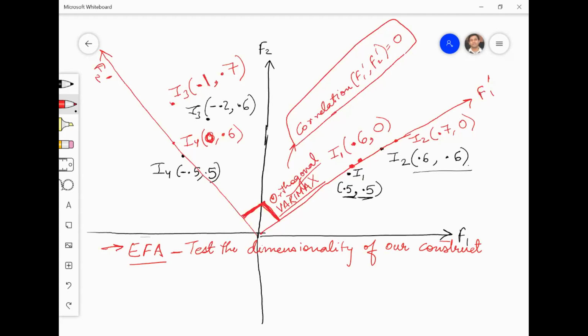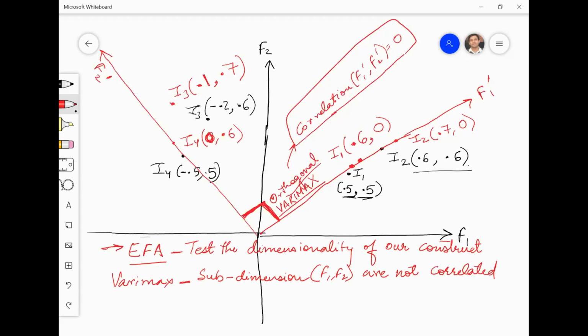So in order to test the dimensionality of our construct, we performed exploratory analysis. Now, when we are saying varimax, we are essentially saying that the subdimensions, which are F1, F2 for our construct, are not correlated to each other.